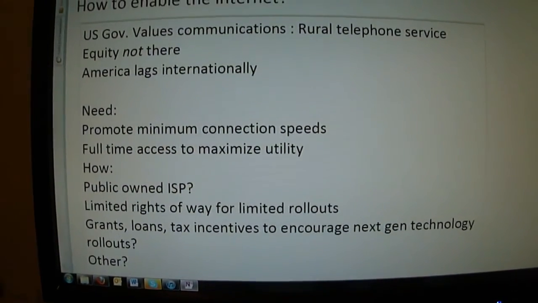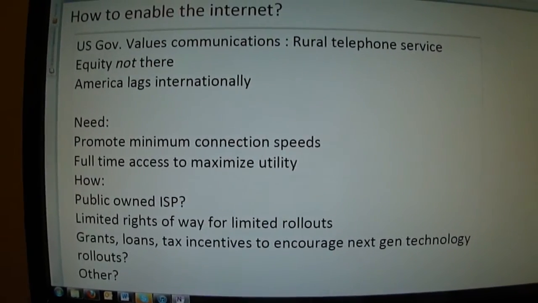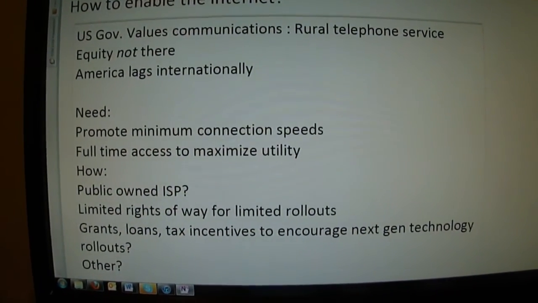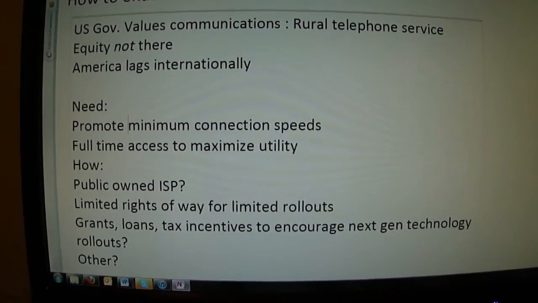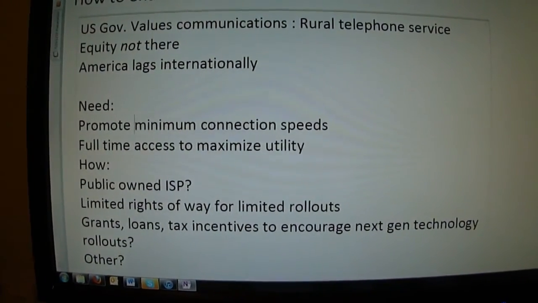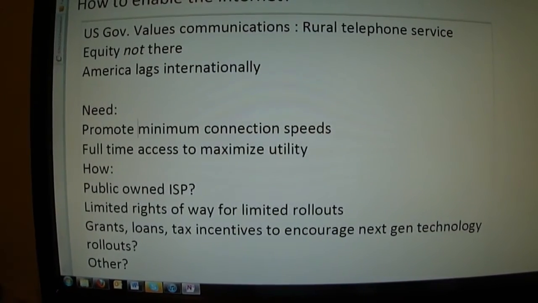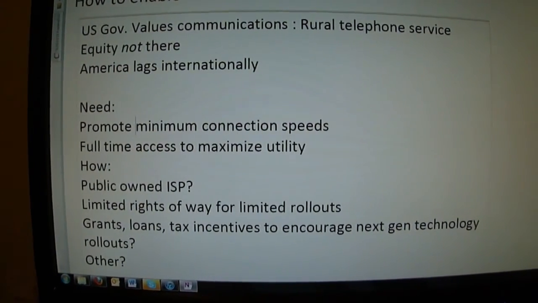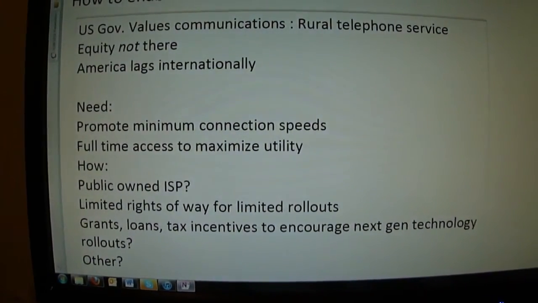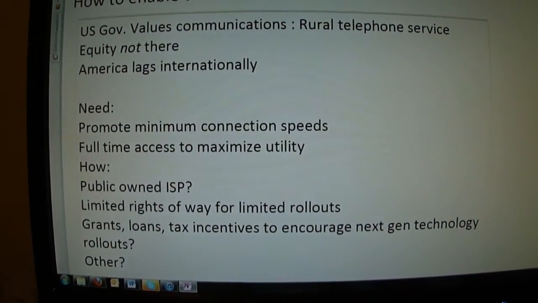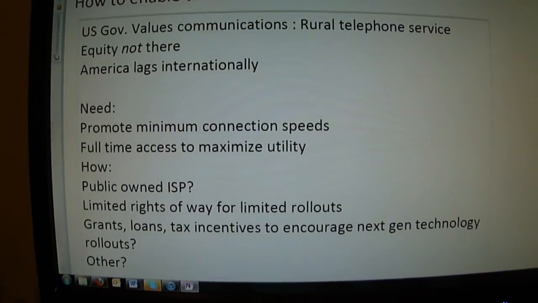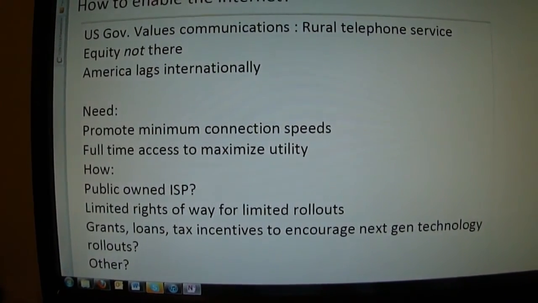So how can we go about doing this? There's lots of options. There could be a public-owned ISP that's run by the government. There could be limited rights of way for limited rollouts, suggesting that if internet providers are only going to serve high-density population areas, then they are not given the rights of way to do so until they reach a more diverse population.